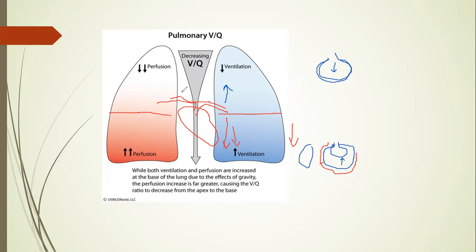So that explains perfusion. But now, for you to understand ventilation and perfusion, you have to bring the two together. What is V over Q? It's a fraction. It's a ratio. Take ventilation and use it as the denominator here.